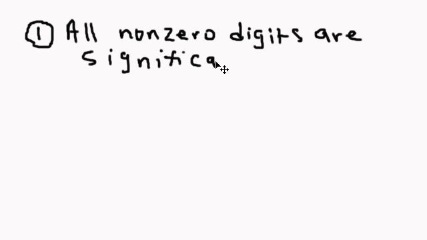So every non-zero number is significant. If I give you the number 1.07, which ones are the non-zeros? The number 1 and the number 7 are non-zeros, so the number 1 and the number 7 are significant. That's rule number 1. All non-zero digits are significant.